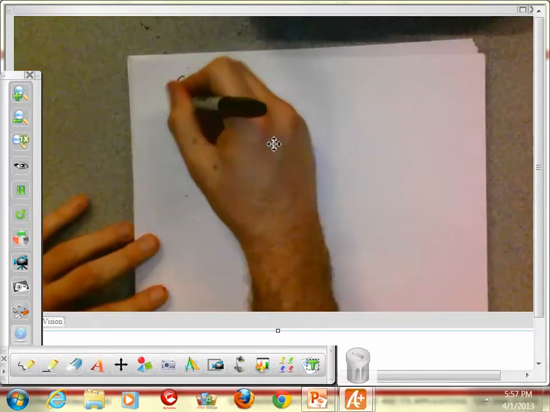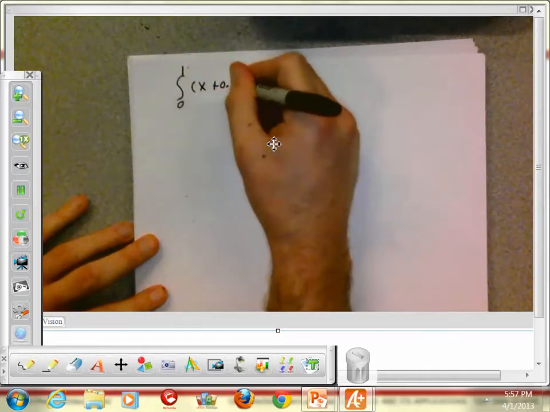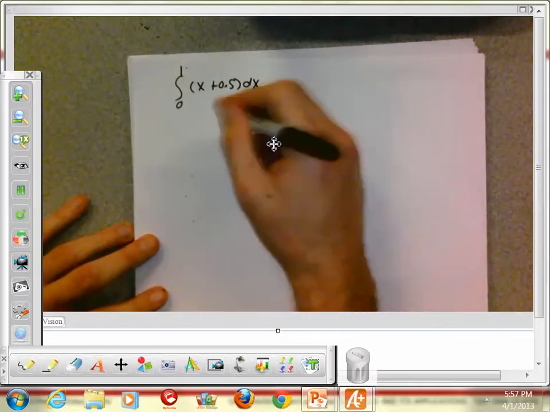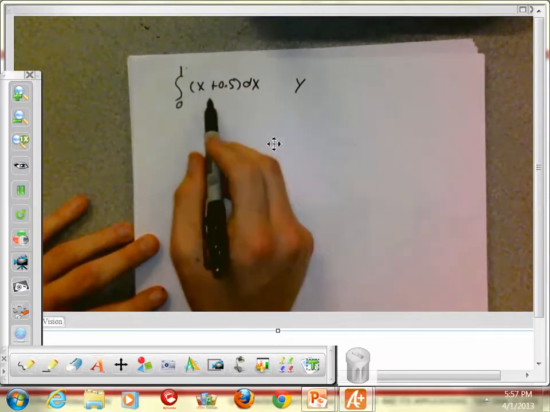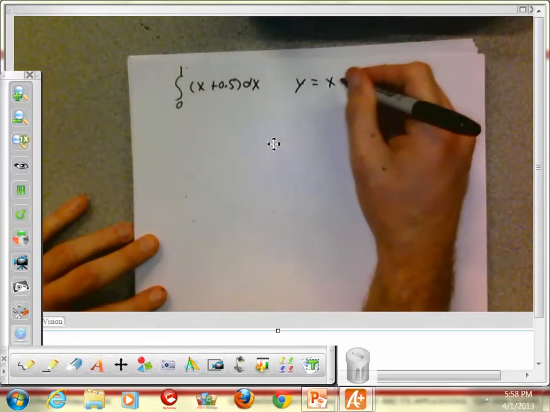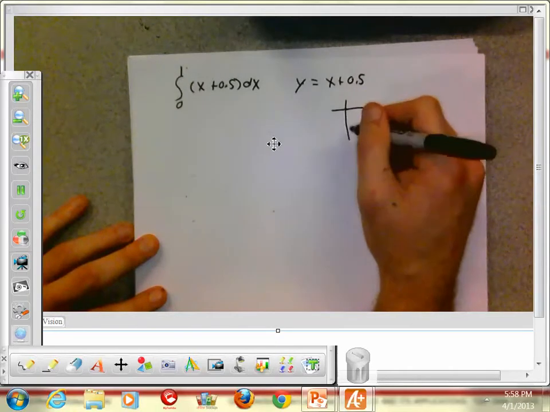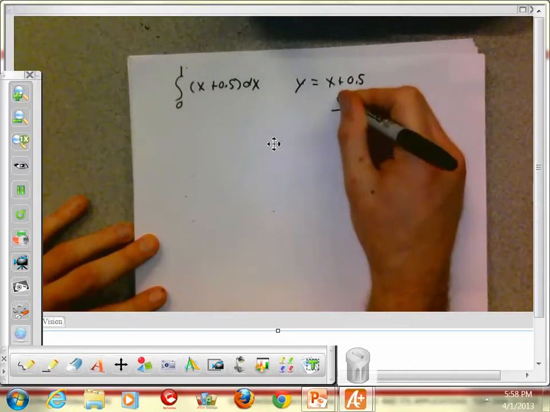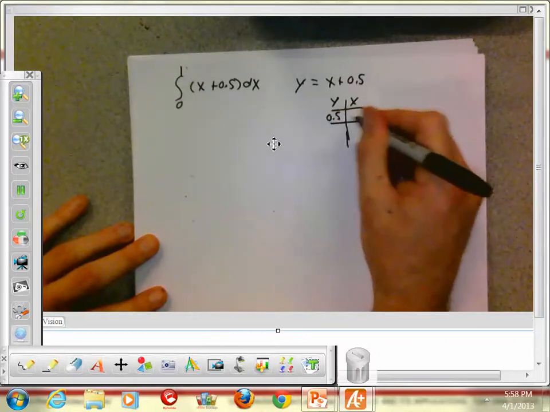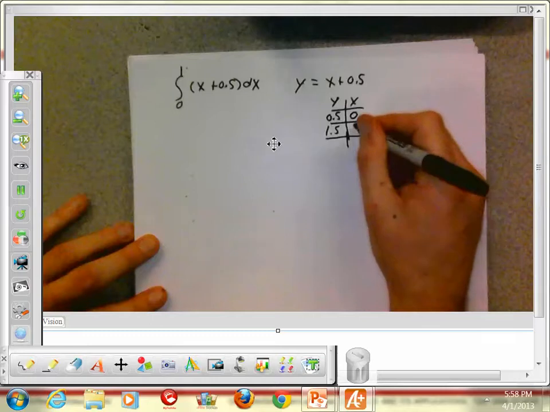So again, just to rewrite the problem, we have the definite integral from 0 to 1 of x plus 0.5 dx. I'm just going to let this function that I'm looking at the definite integral over be x plus 0.5. And again, just the points we chose. This is my y value, this is my x value. 0.5 when x is 0, and 1.5 when x is 1.